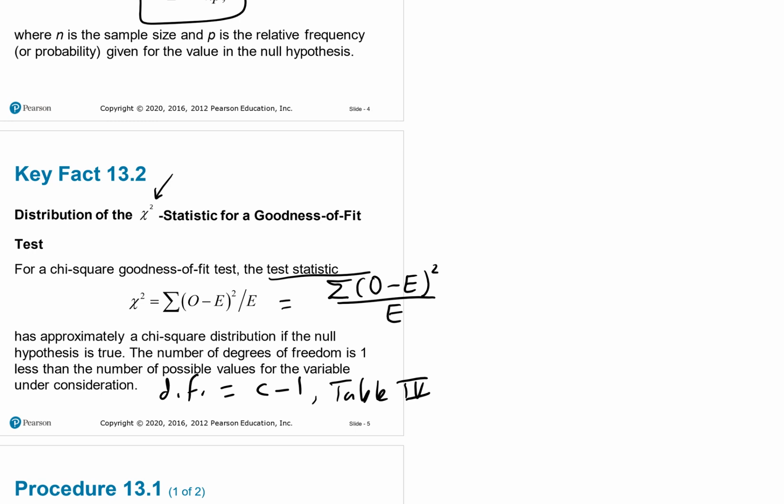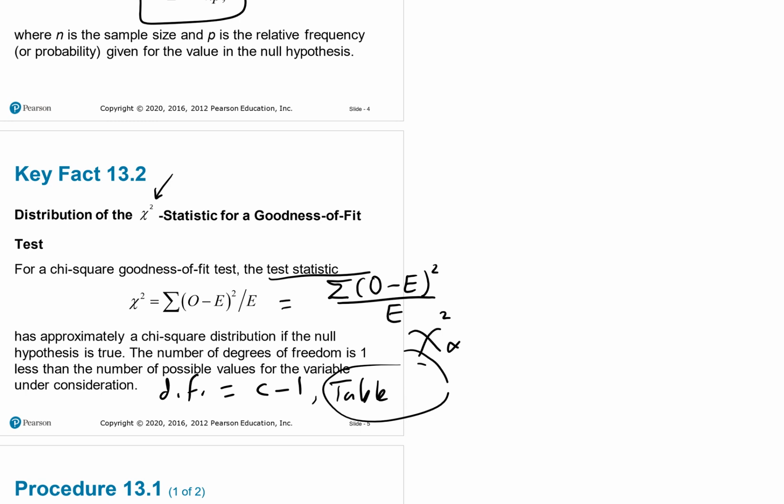And when you find the test statistic, you're going to find chi-square sub alpha using table 4.